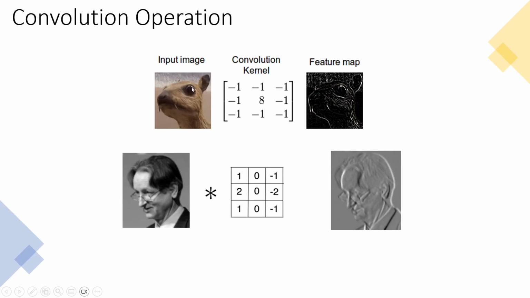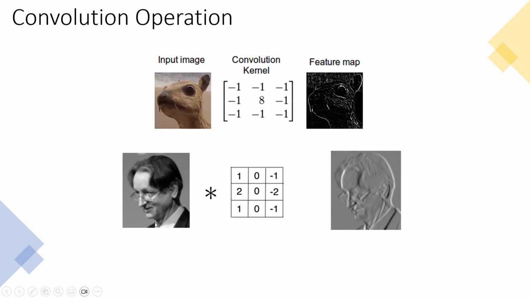These are the edges of this image, right? So if you convolve the image with this kernel function, you come up with the edges of this image. Similarly, if you apply a convolution between this image and this kernel function, you again come up with the edges of this image.